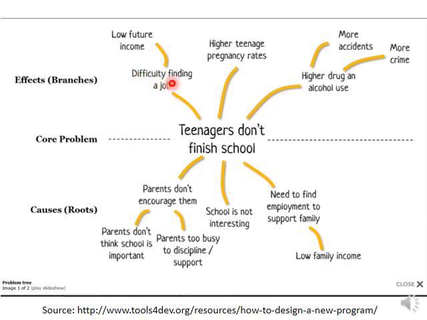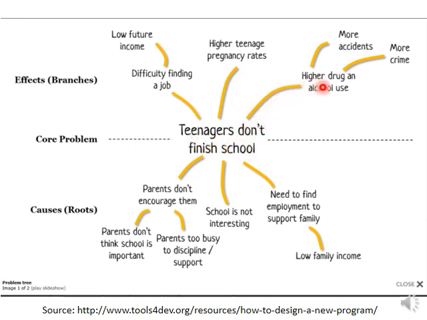If teenagers don't finish school, then they may have difficulty finding a job, which is going to cause a low future income, or going to result in low income. Teenagers who don't finish school tend to have higher teenage pregnancy rates, which again would have subsequent effects, lots of other consequences.